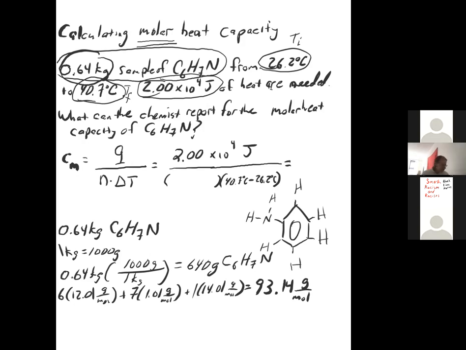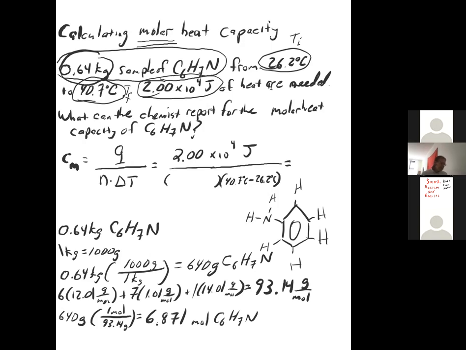So 640 grams, and then it's 1 mole per 93.14 grams, just dividing by the molar mass to get the number of moles. So 640 divided by 93.14, and you get about 6.871. Keep 1 extra sig fig, and there's your number of moles.